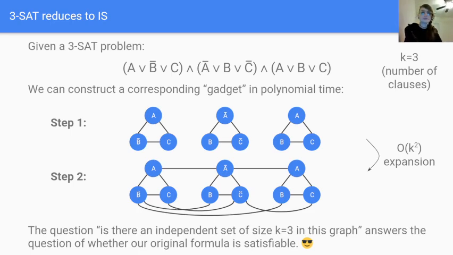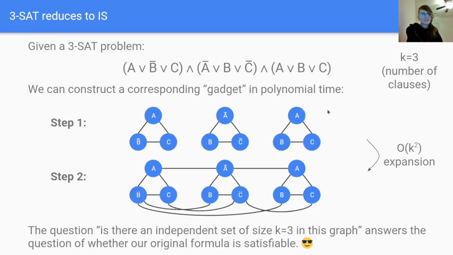The other thing we have to check is that this is actually a polynomial time reduction. And it is. I mean, this is just translating this, which is just big O of k, or big O of n, really. Well, big O of k, sure. But it's just a constant factor.